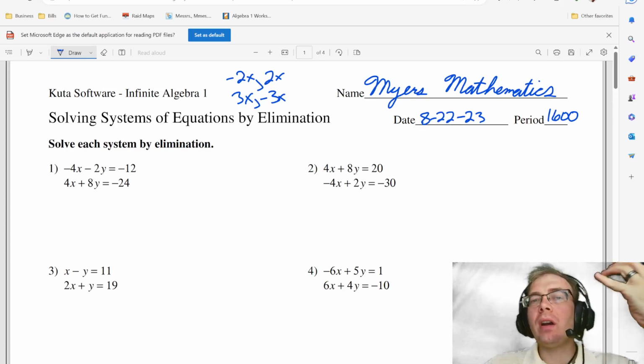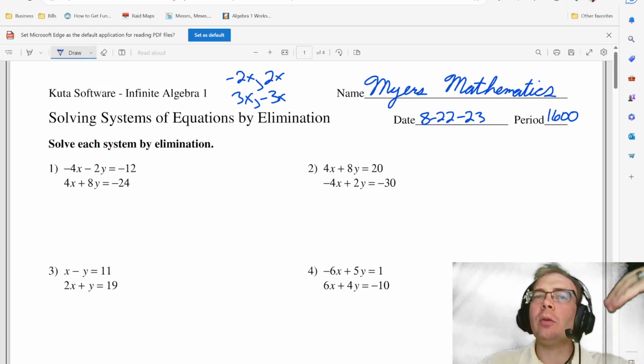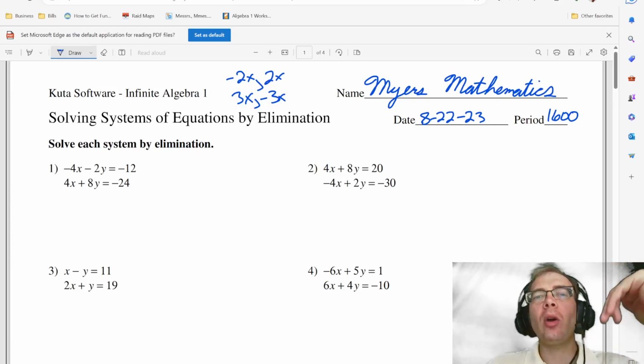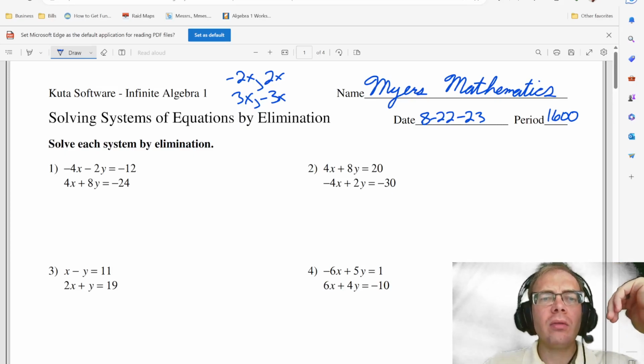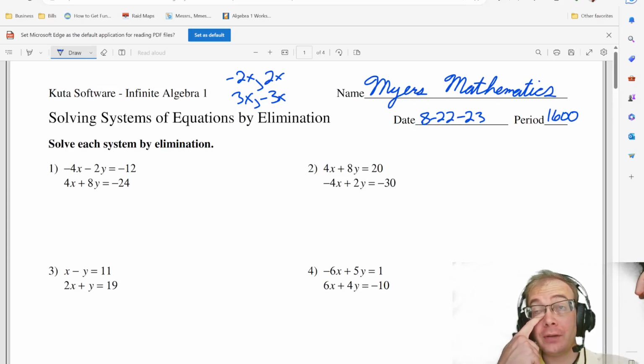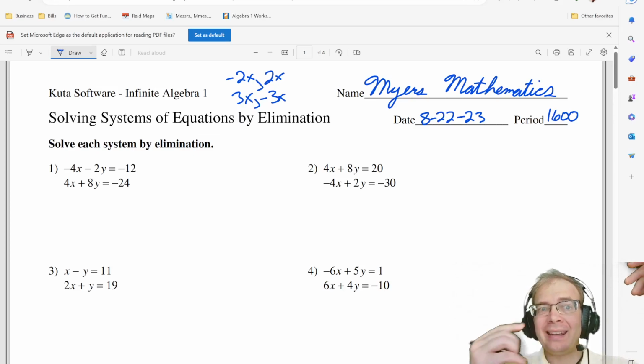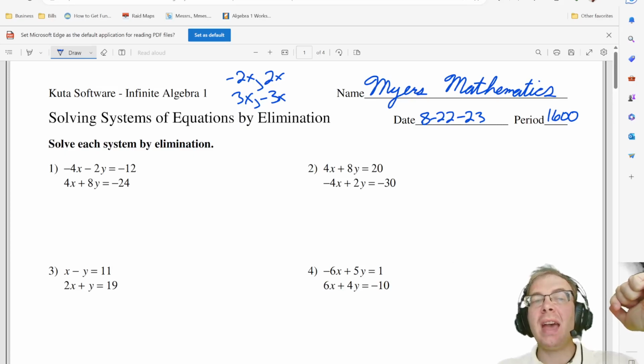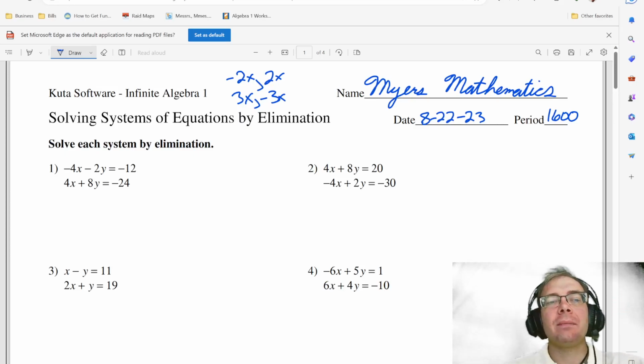So if you're focusing on y, it would be the same thing except you replace x with y or whatever your letters are. I think they use x's and y's all throughout this worksheet. Okay, so if it's already set up for you, like it's going to be for the first few here, then you kind of just add them up. Kind of just add on both sides, and then that's it.